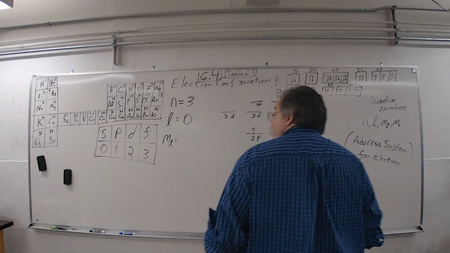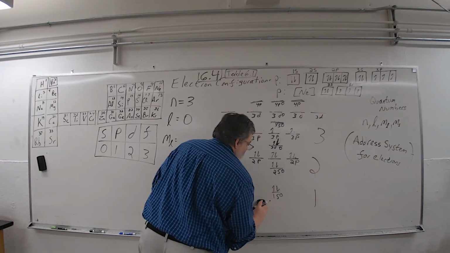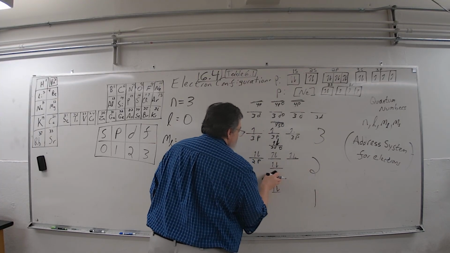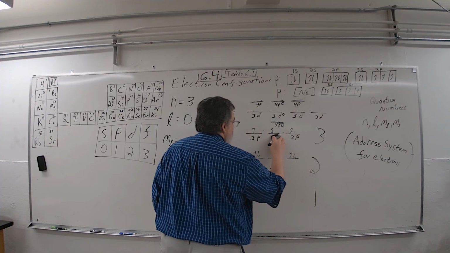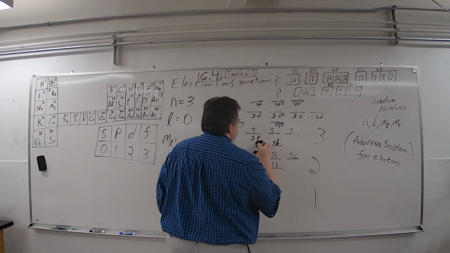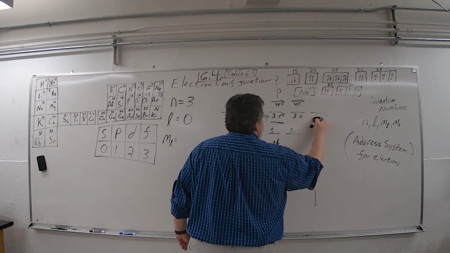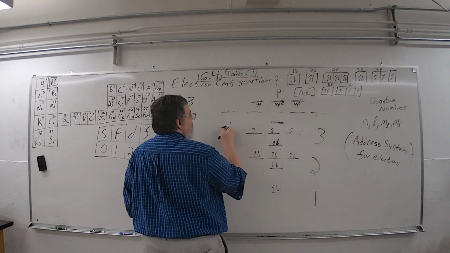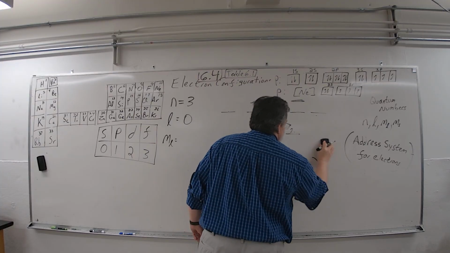I can make this clear. Again, I'm taking a long time to explain something that's really not that complicated. Wondering why someone would have this address system for electrons is the only reason it's so complicated.